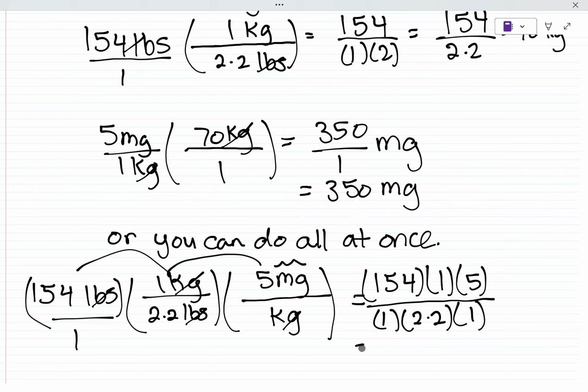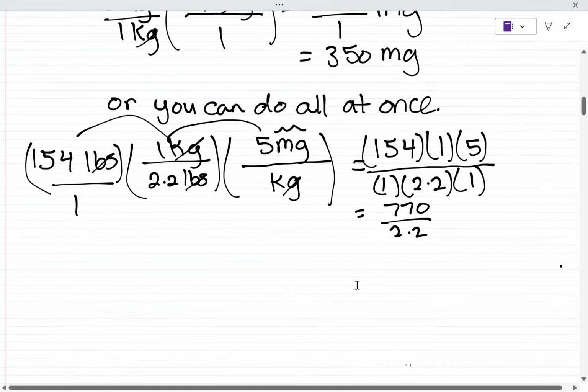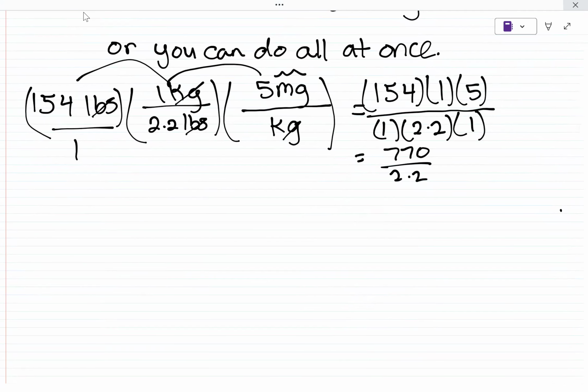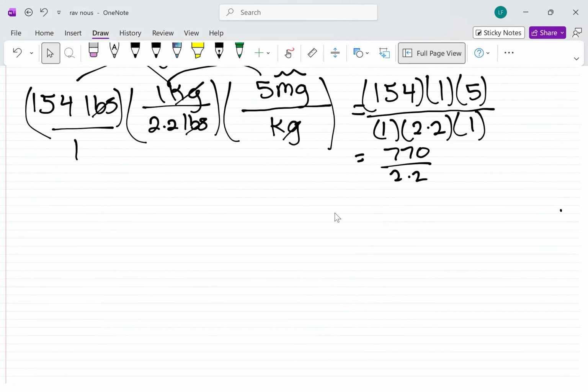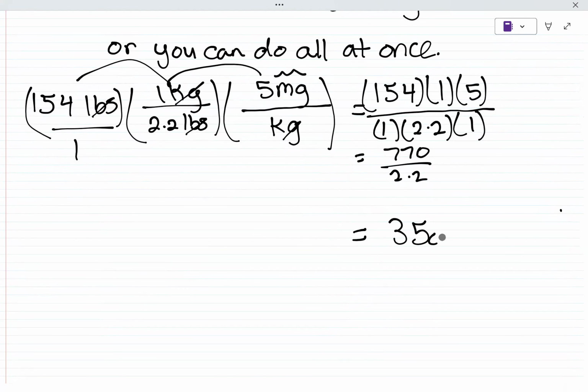And that gives you 770 over 2.2. So what's 770 over 2.2? It is 350 milligrams.